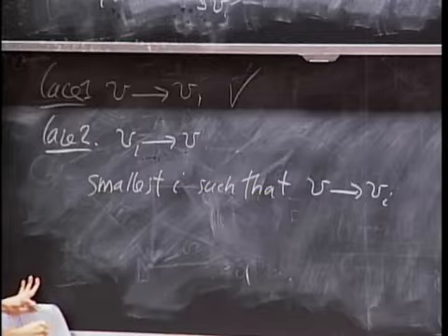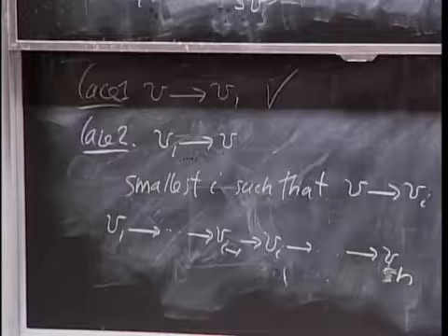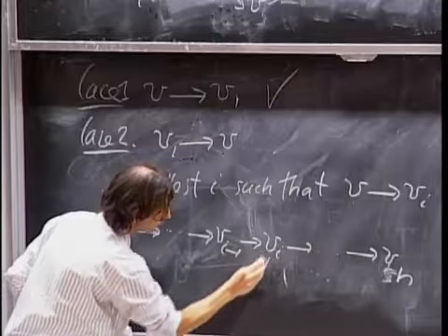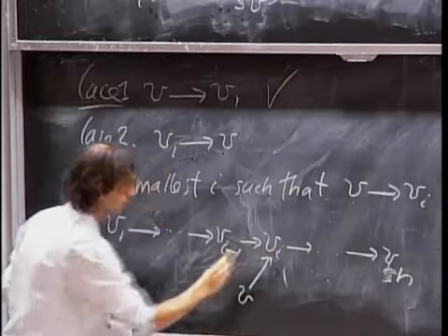We have to check that, right? That this index is not equal to 0. It goes to Vi and then goes all the way up to Vk or Vn. So now we can use that V actually beats Vi.